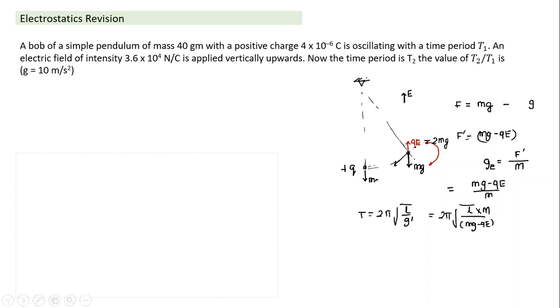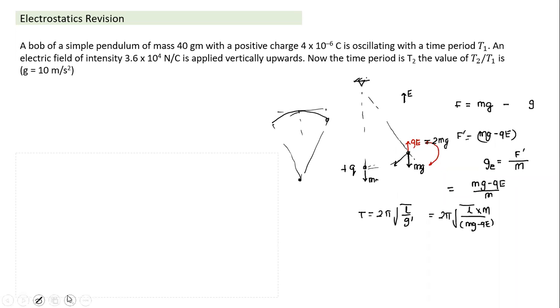If QE is equal to 2 mg, it will not oscillate about the mean position below the point of suspension; it will oscillate vertically above the point of suspension. And when it oscillates above the point of suspension, the net force is equal to mg, so it will have the same time period as before. So you understood this part.